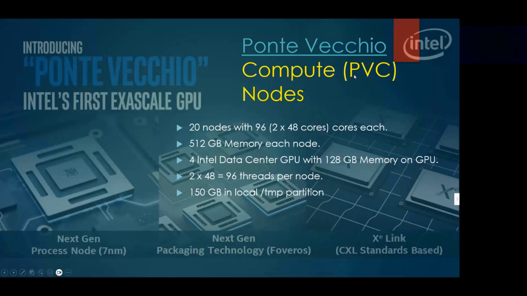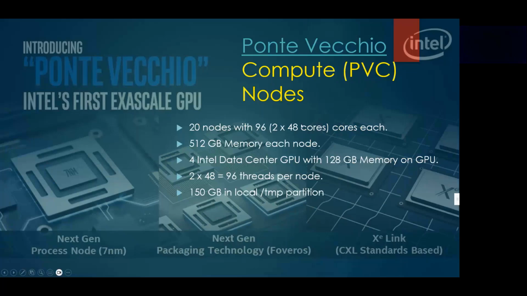You know, this one is a PVC. This is also a term for the Intel Xeon processor. But we know this kind of computer in this supercomputer system only has 20 nodes, only 20 computers. If you want to have a larger number of computers, you don't want to select this one.